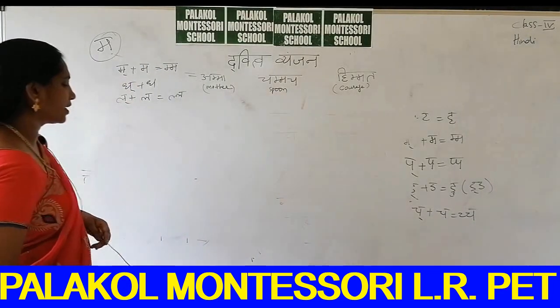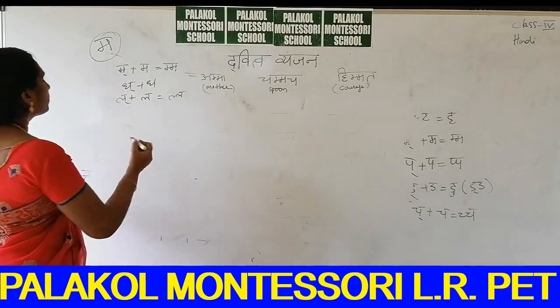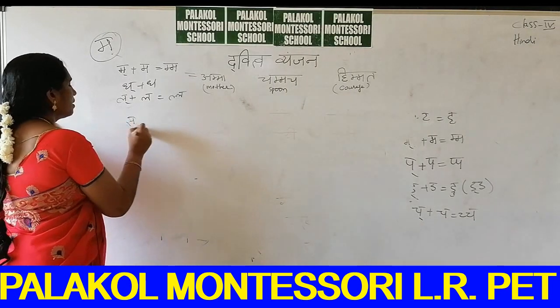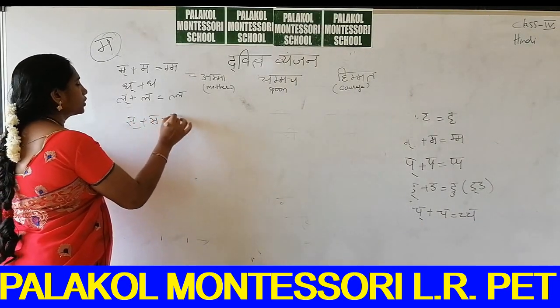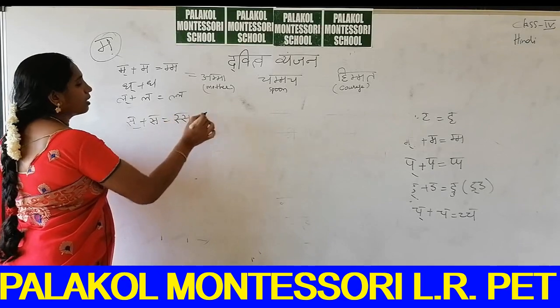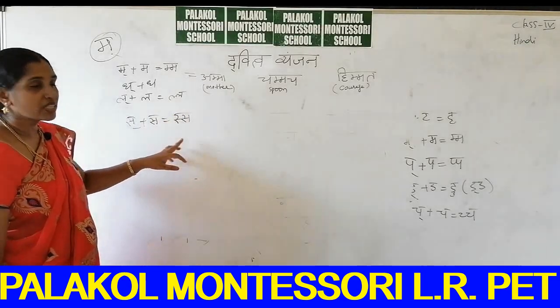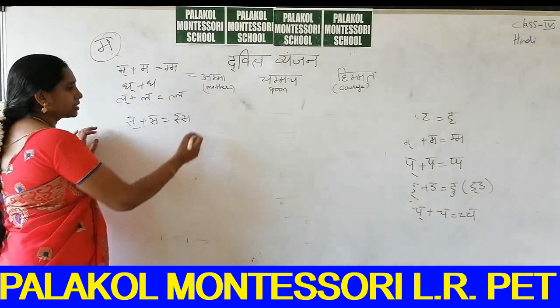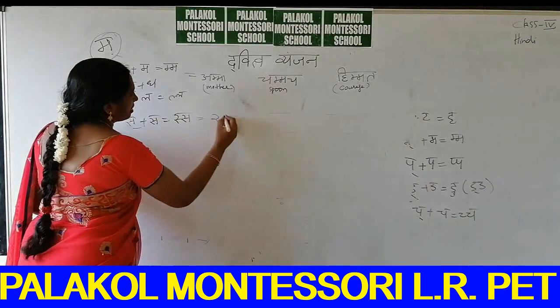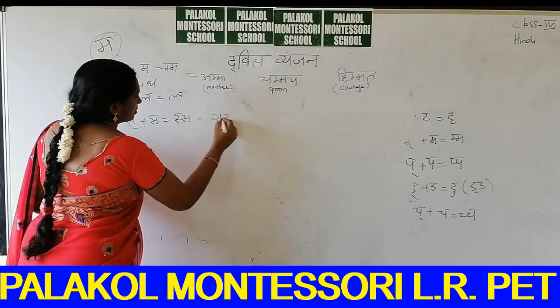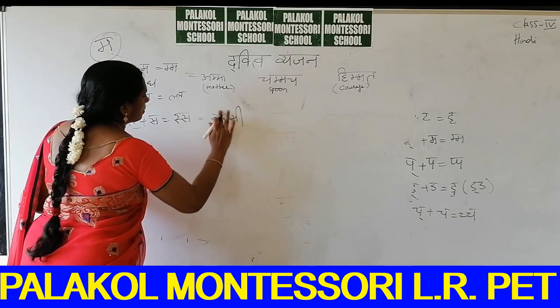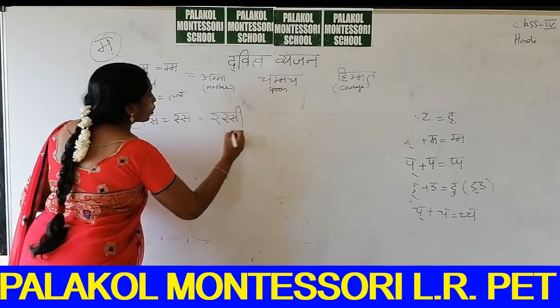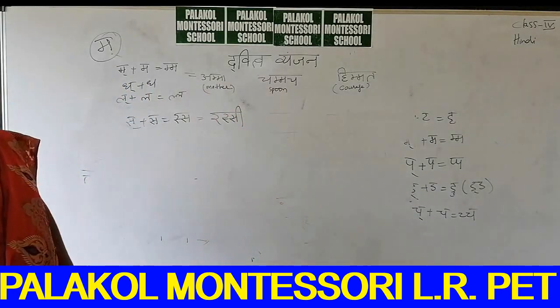Still one consonant, sa plus sa, is equal to half sa, full sa. So what letters come? Rassi. Rassi means rope.